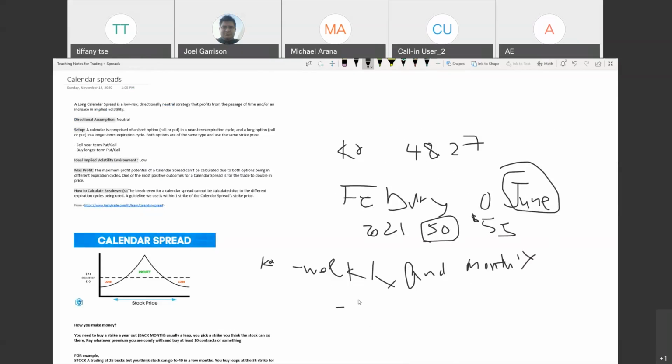You basically are shorting the front month, which the front month or front week you bought it at. So let's say you bought it for next week out, and it's only let's say it's $47, but the long call is worth let's say $5, basically.